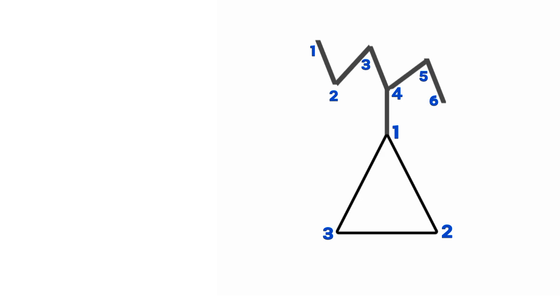So we have a 6 carbon chain as the parent chain. An alkane with 6 carbon is called hexane. So the parent name would be hexane. Now we number the parent chain from the left to the right and then from the right to the left in order to give the substituent, which is the 3 carbon ring, the lowest possible number.